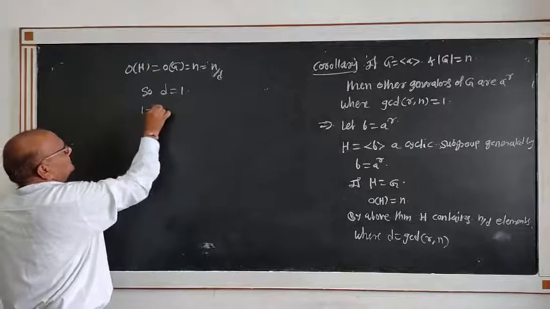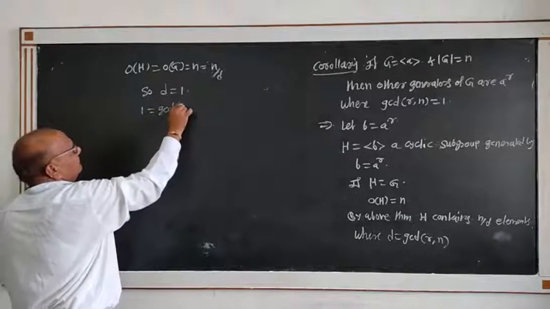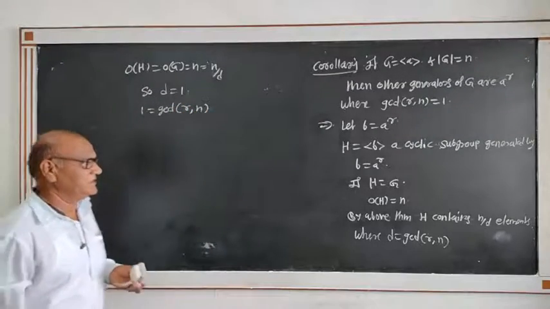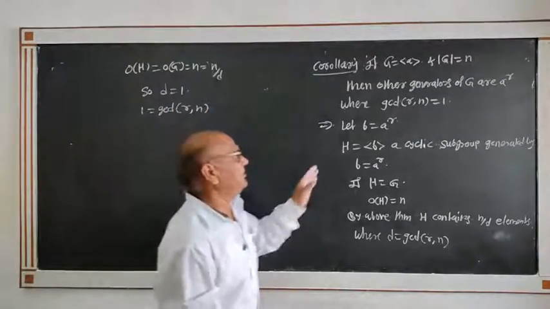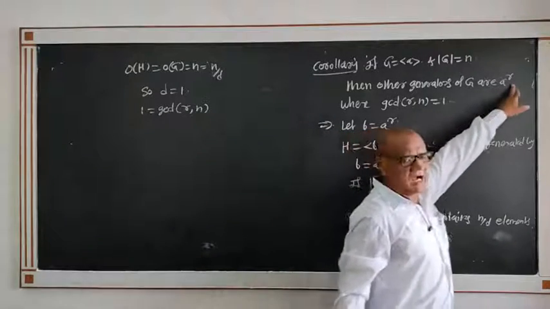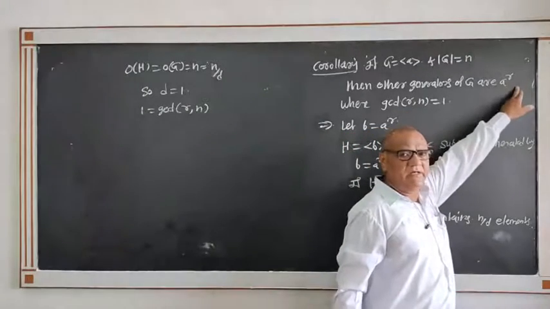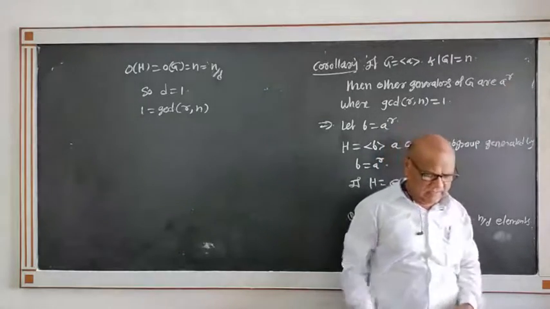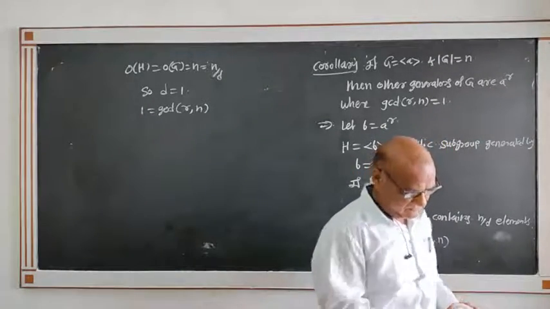Therefore 1 is equal to GCD of R and n. That means all other generators are of the type A to the power R, where R is relatively prime to n.